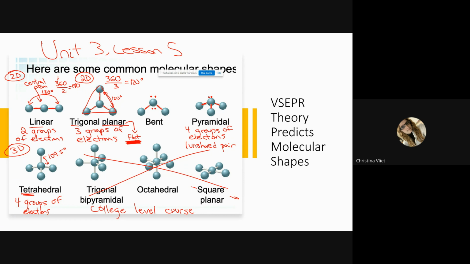That's why it's called pyramidal. The way to view it is that unshared pairs bend the other atoms down. In this case, it takes it from being in a plane, not planar, to a trigonal pyramid or pyramidal. Yes?